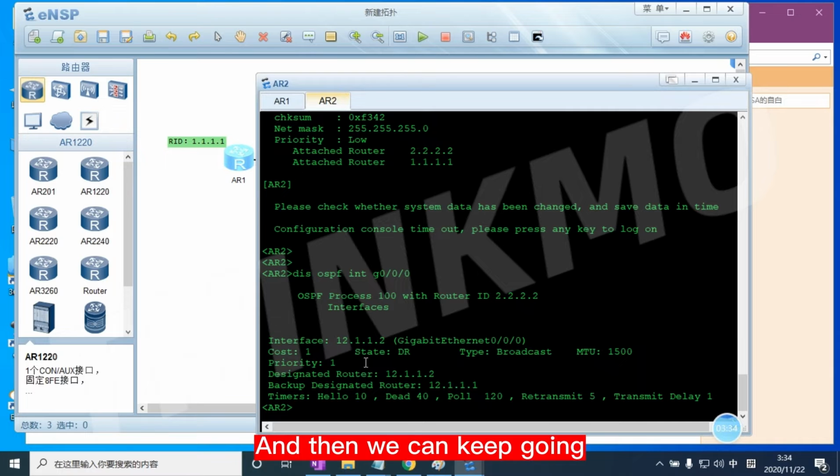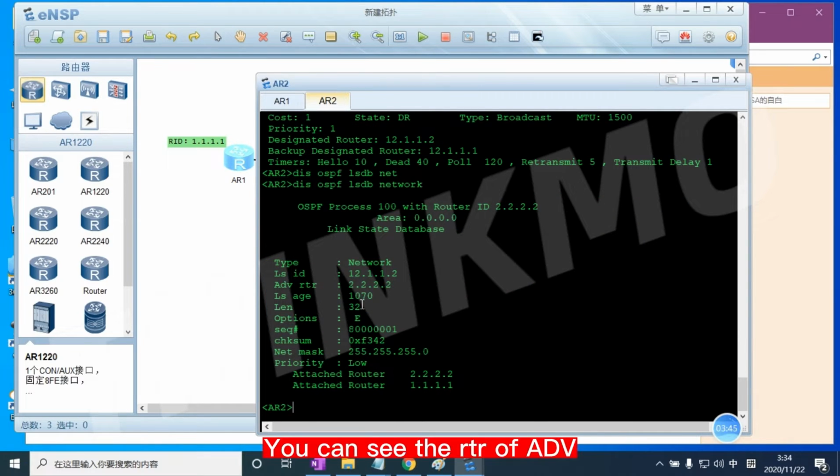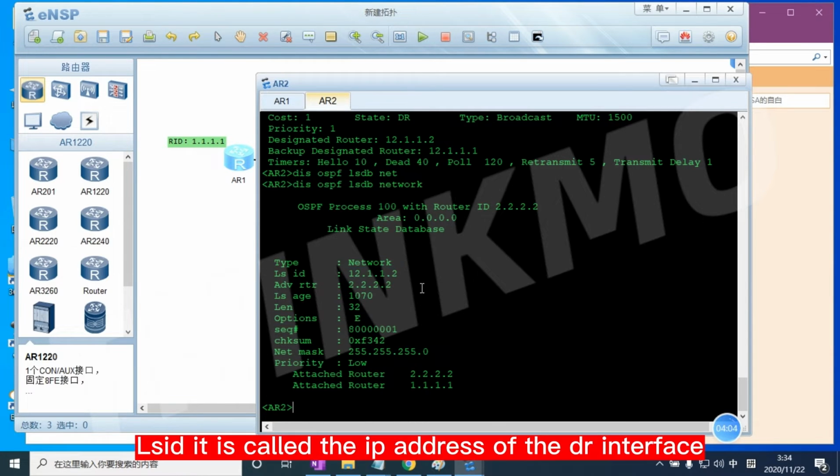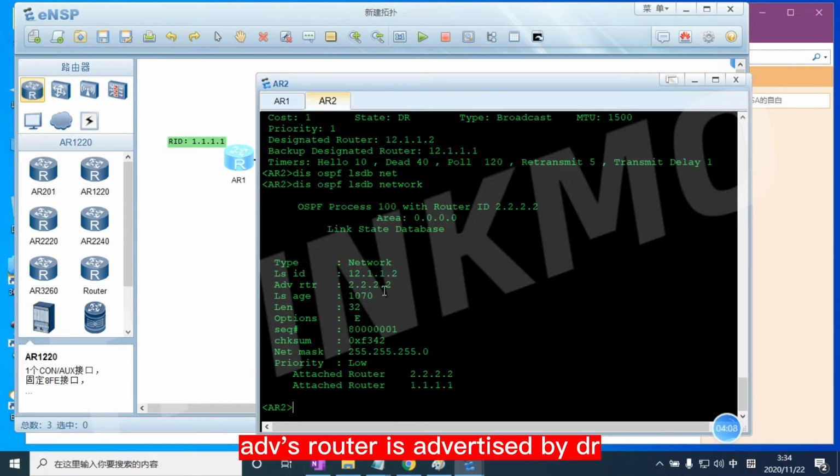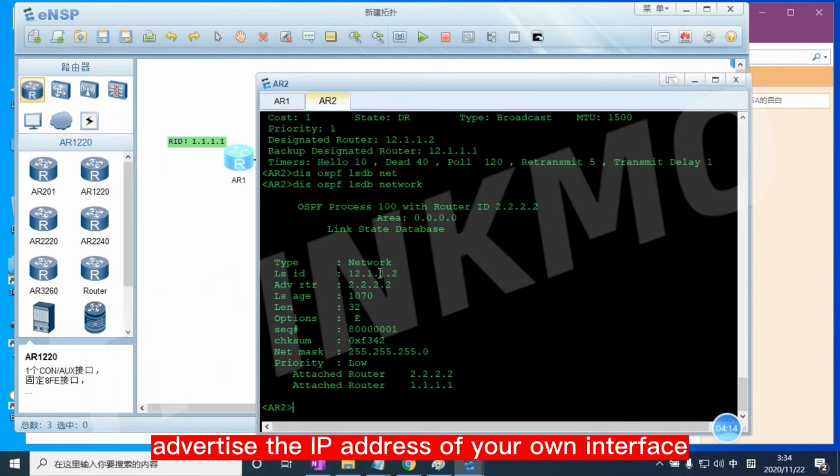Then we can keep going and view the Type-2 LSA. You can see the ADV Router, which is the advertising router. It was advertised by the DR, 2.2.2.2. The LSID is the IP address of the DR interface, and the ADV router is the DR. One might wonder why the DR advertises the IP address of its own interface.